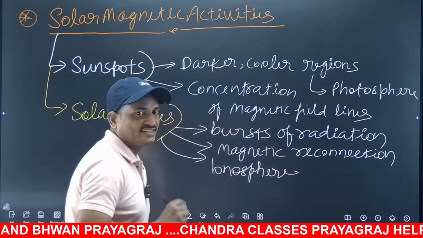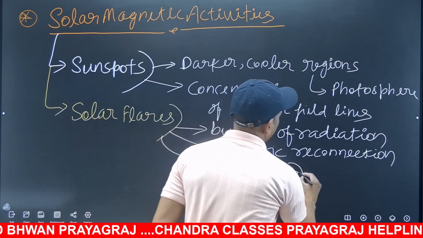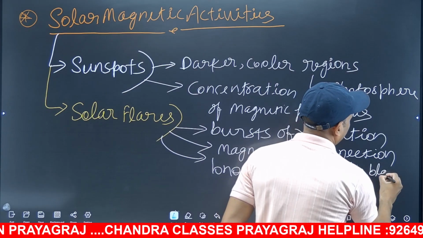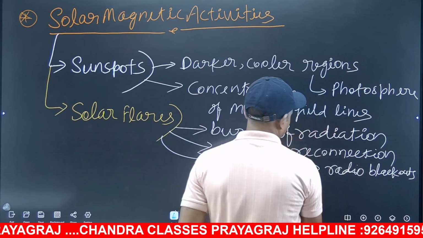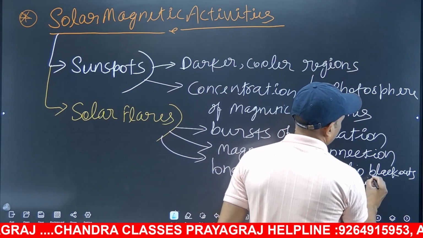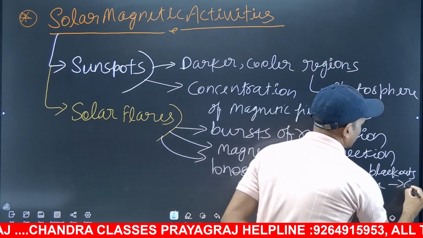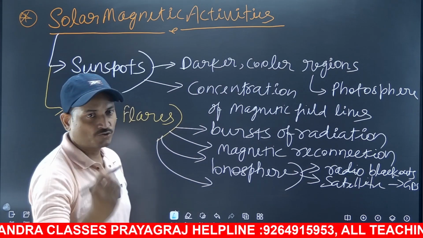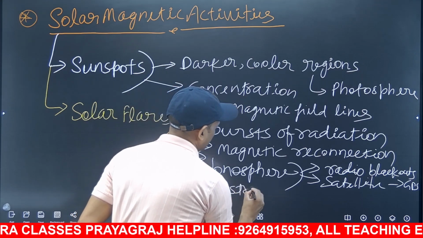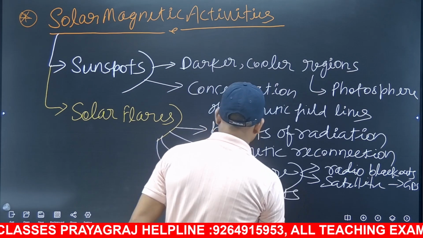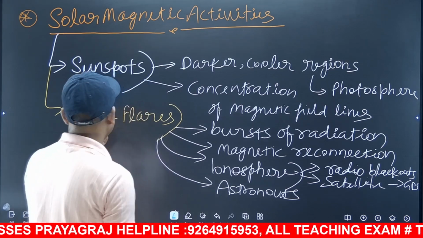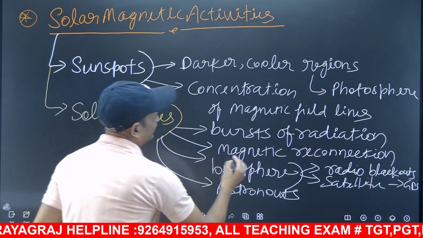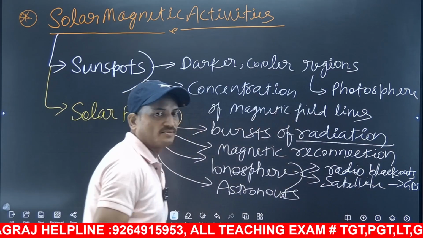They cause ionization at the ionosphere, and due to that we get radio blackouts on the Earth. Satellites are getting affected, meaning communication, GPS, etc. getting affected. And since this is radiation, this can also affect the astronauts in space. Astronauts and our satellites can also get affected because of solar flares, because this is exactly a kind of radiation which is coming out of the sun.